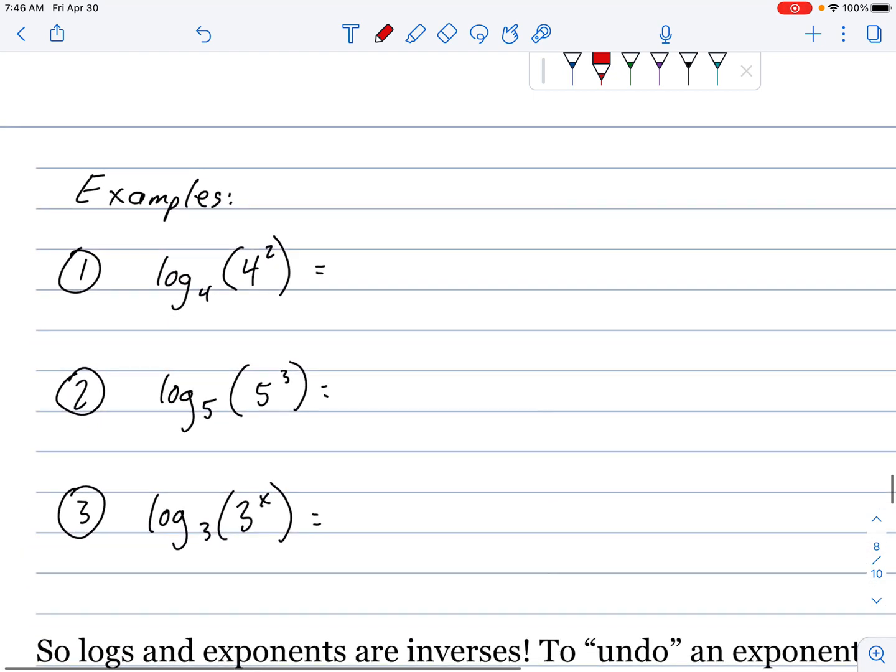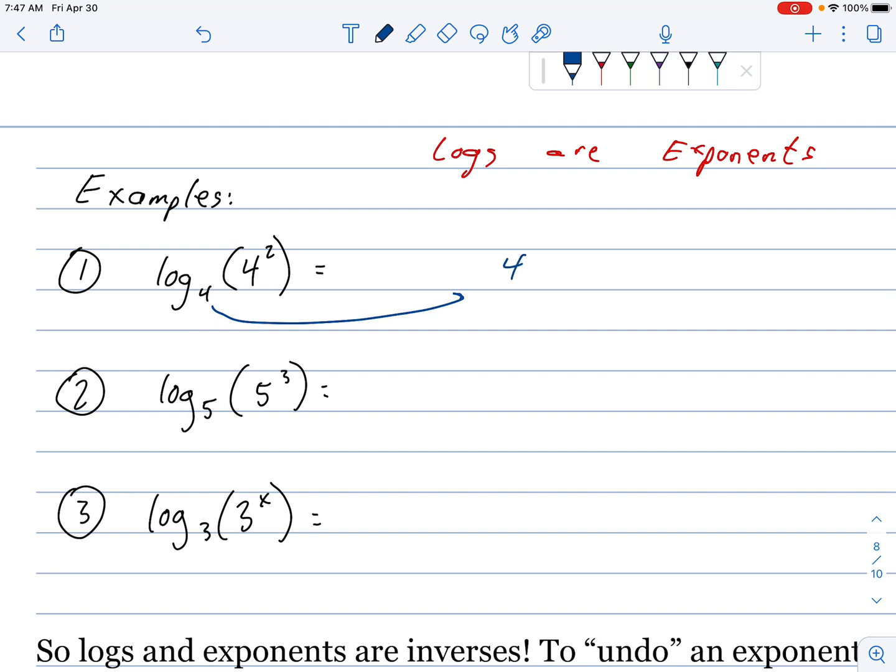So first, looking at these. I wrote these kind of different, but let's see why. We have logs are exponents, as we say a lot. I want to see, we had just seen if I take a number and I raise it to the log of the same base, they cancel. What happens if I have an exponent inside of a log? Well, what does this mean? This is my base. Logs are exponents, so I'm looking for my answer.